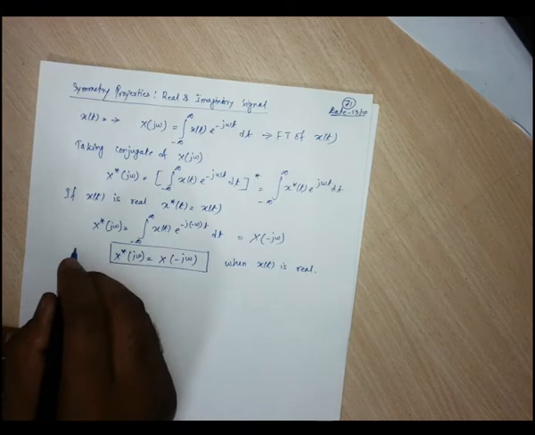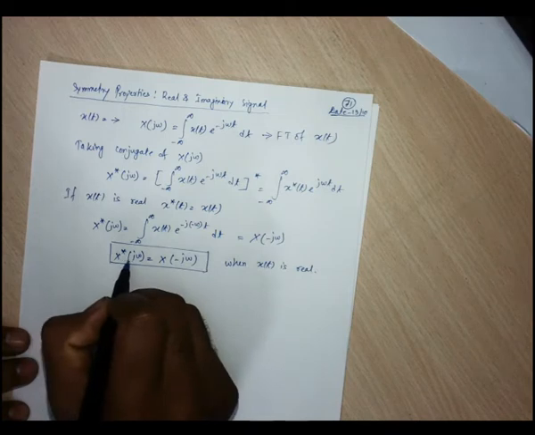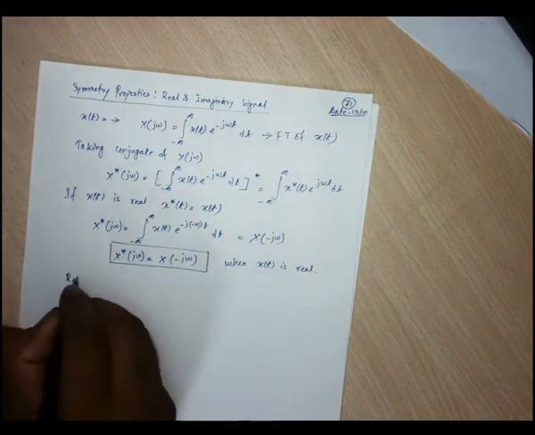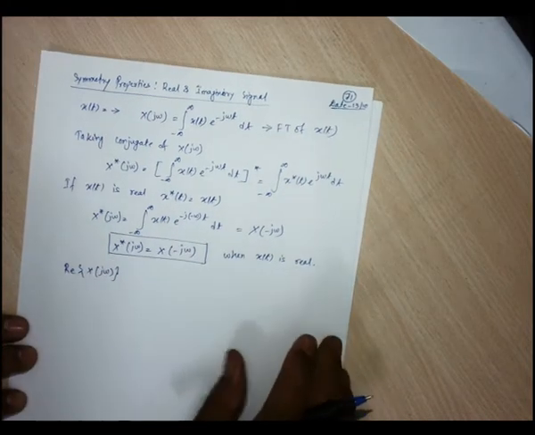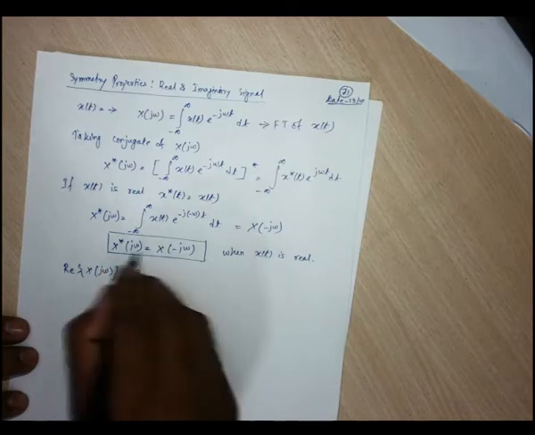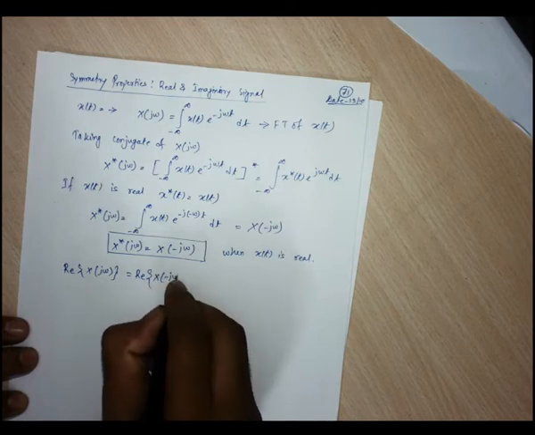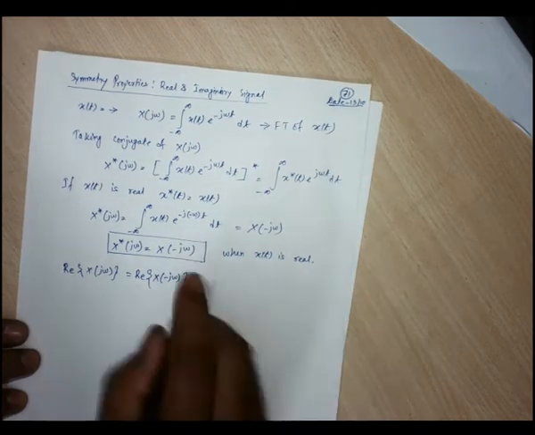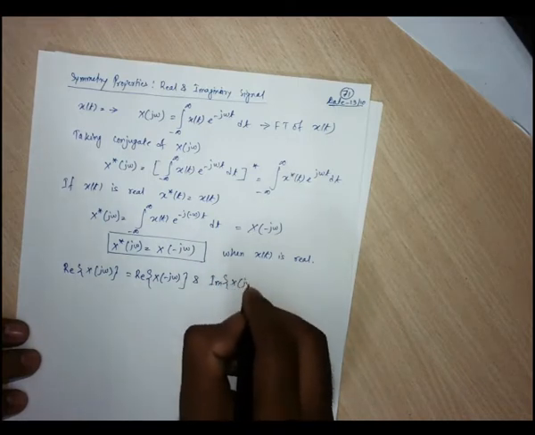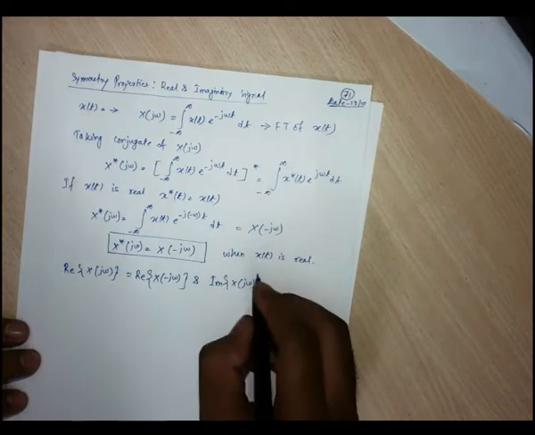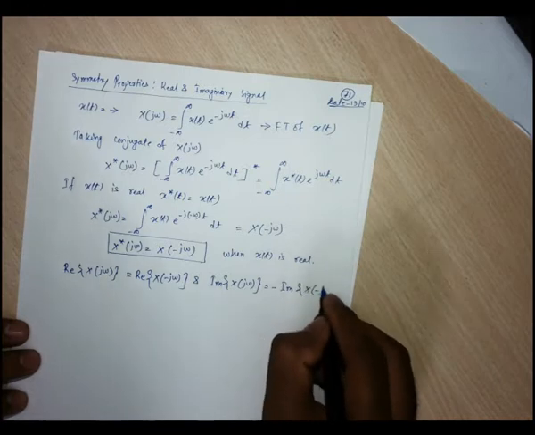Taking the real and imaginary parts, the real part of X(j omega) is the same as the real part of X of minus j omega, because these two are the same. And the imaginary part of X(j omega) is minus the imaginary part of X of minus j omega.